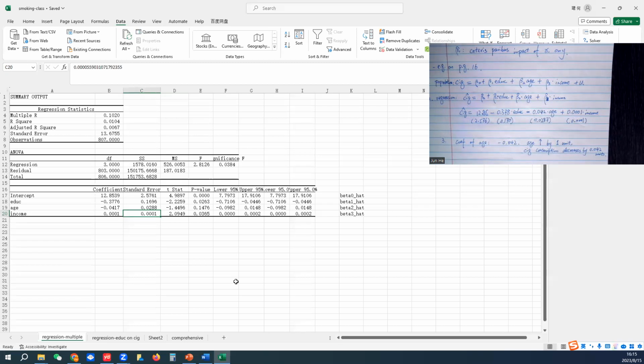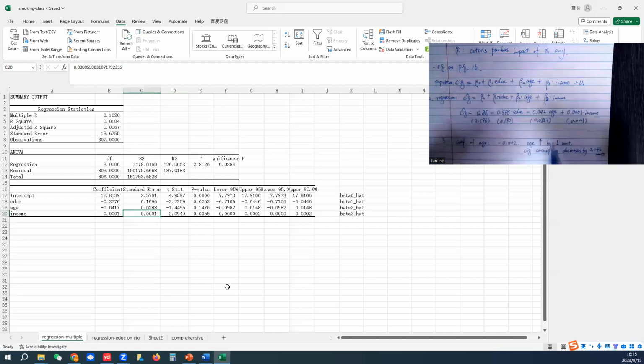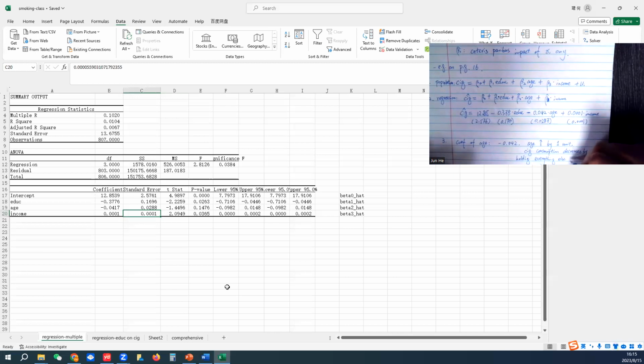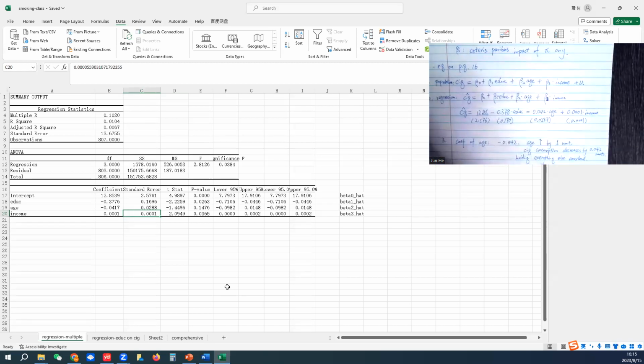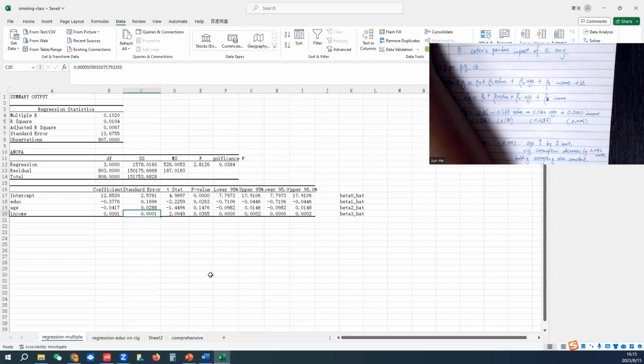Okay, so that's the coefficient of age. How do we interpret it? And here you can see holding everything else constant. Okay, so that's number 3. Number 4, test the statistical influence of age and income on cigarette consumption.